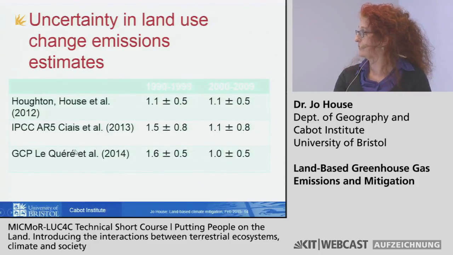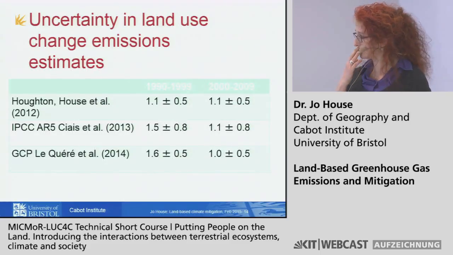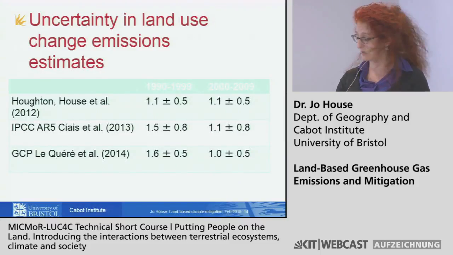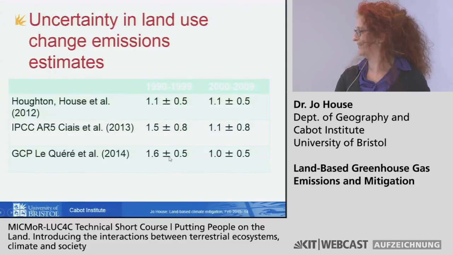For the Global Carbon Project, we tried to do something a bit more systematic, where we looked at models that have been run with and without land use change, with different land use data sets, and with and without different processes, to come up with a slightly more systematic assessment of uncertainty. And luckily, we found it to be about the same.